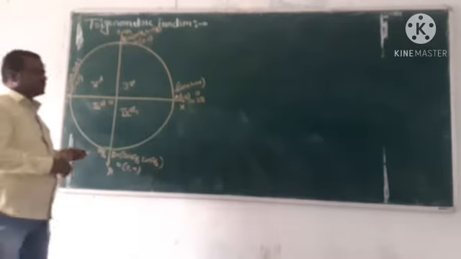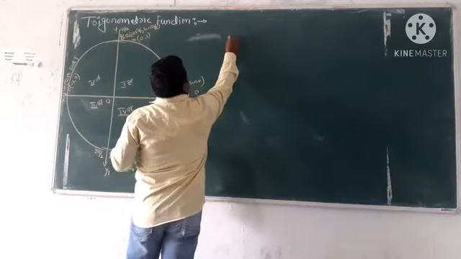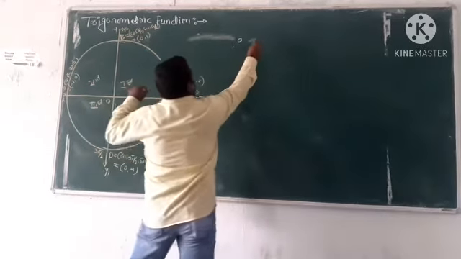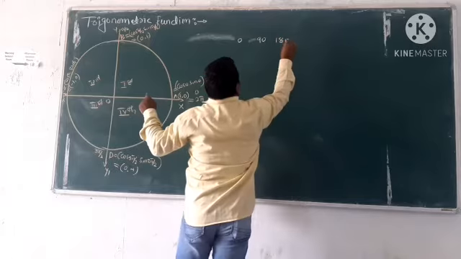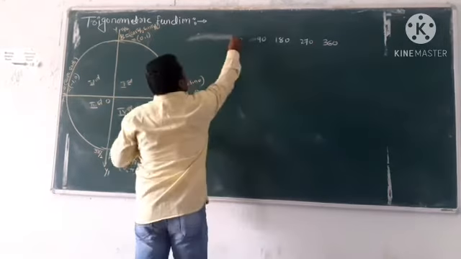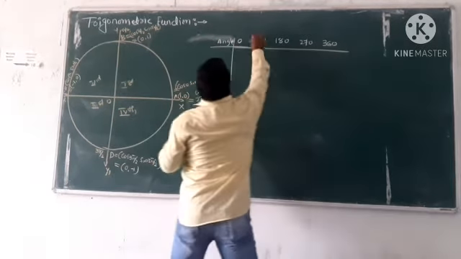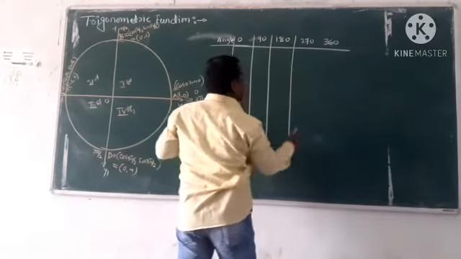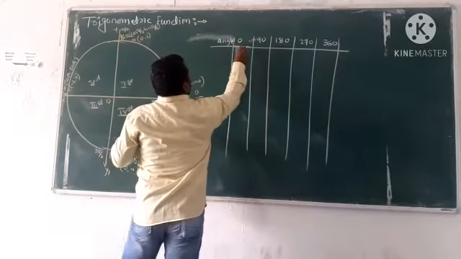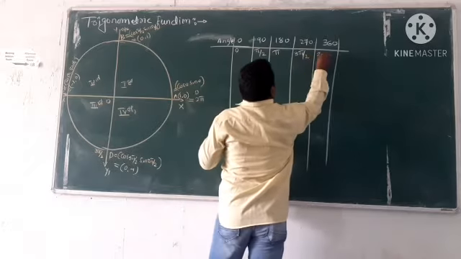And most important, for the table, I'm going to write sin theta directly. The angles are 0, 90, 180, 270, 360 degrees, and in radians 0, pi by 2, pi, 3 pi by 2, 2 pi.